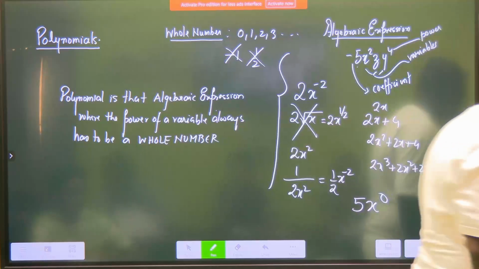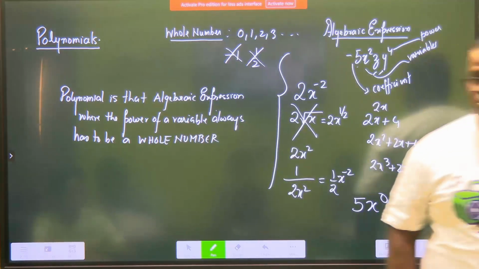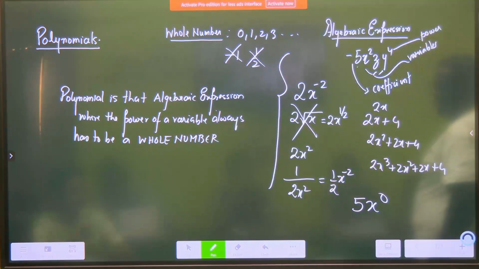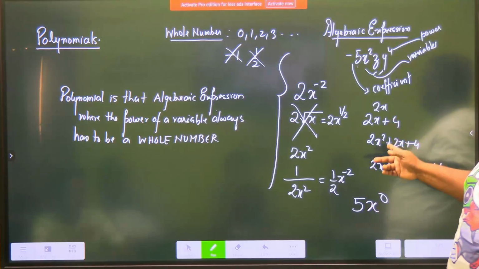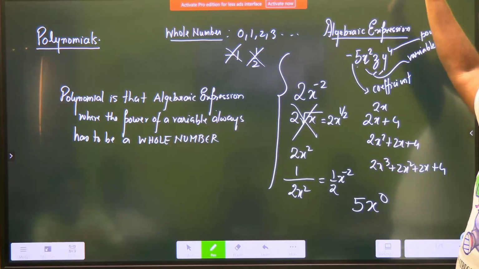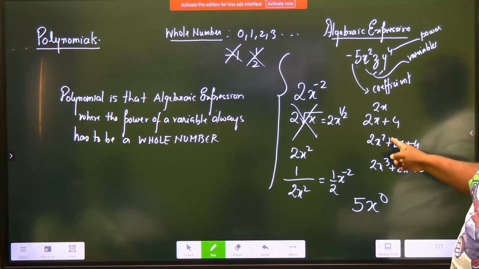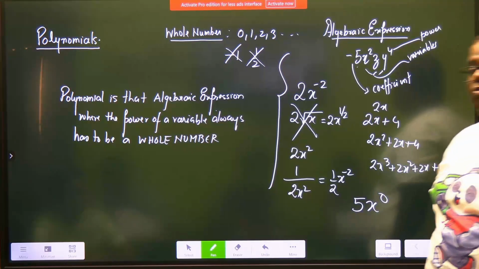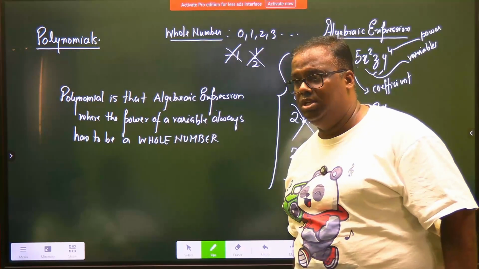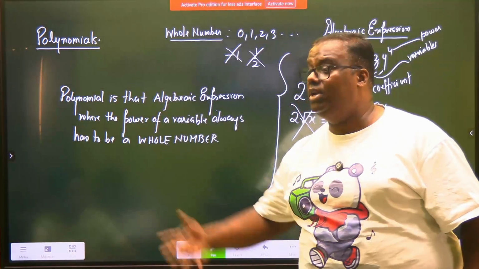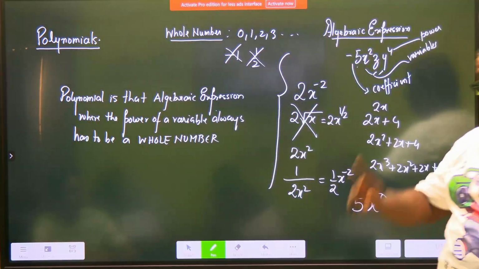This satisfies. So at this level, just understand one basic thing. Polynomials are algebraic expressions, but a special kind of algebraic expressions in which the number of terms can be 1 term, 2 terms, 3 terms, n number of terms, finite or infinite. So far you dealt with monomial, binomial, trinomial, quadrinomial. Now we may have 50 terms, 250 terms, 3 lakh terms, infinite terms, still polynomial, but with one condition.